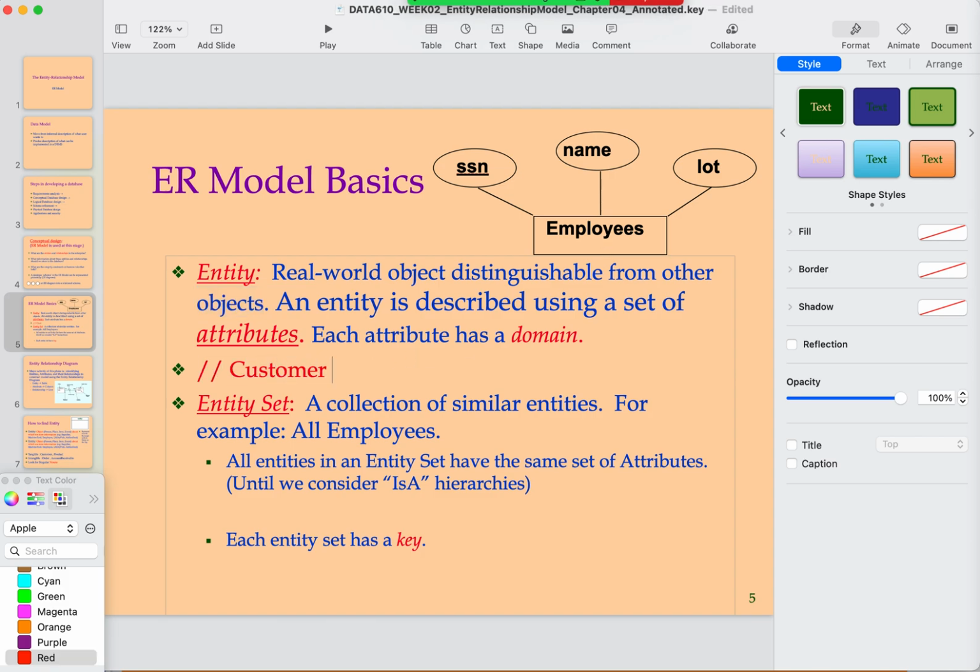Entity can be customer, patient, employee, or it can be temperature.